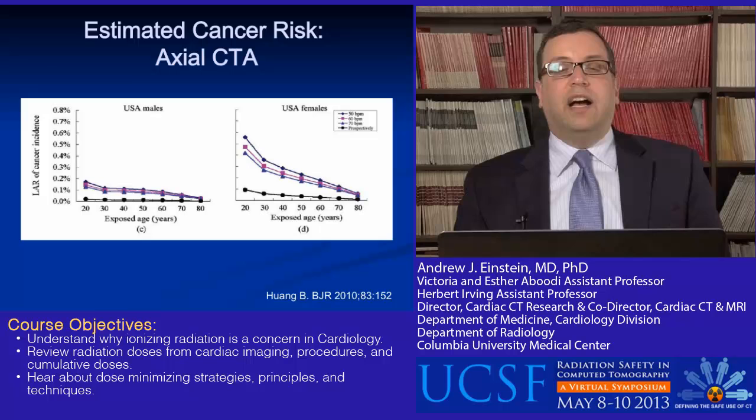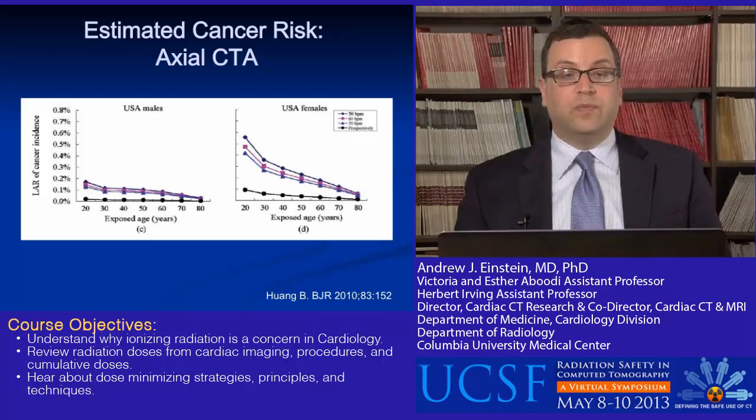In fact, if we perform risk estimates using BEIR-7 models, the black lines on the bottom here correspond to those using the prospectively triggered scans, and the colored lines correspond to those from scans not using this dose reduction method. As we can see, reduction in radiation dose also translates to reduction in cancer risk to patients.